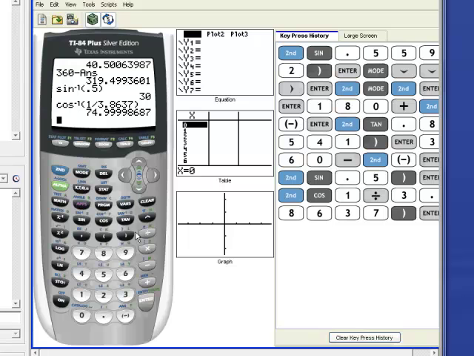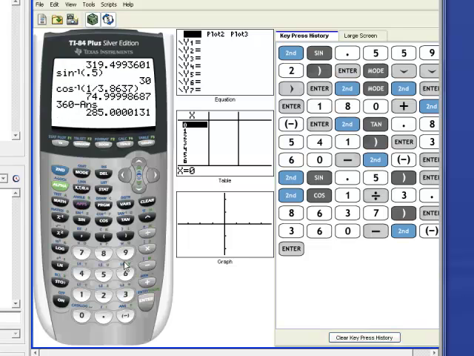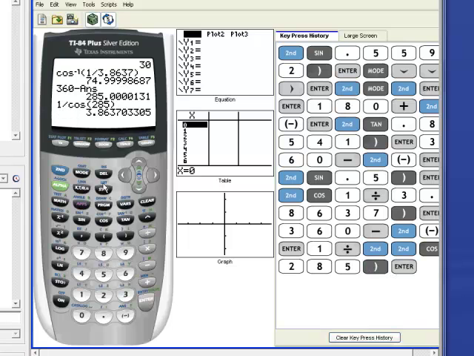And we're in quadrant 4, so it's going to be 360 minus that answer, 285 degrees. Just to double check, our original was 3.8637, so I'm going to do a double check with 1 divided by the cosine of 285 degrees, and indeed we come up with 3.8637, the original given one.